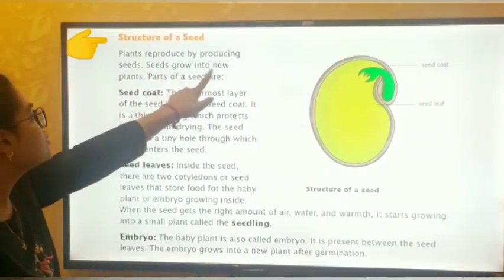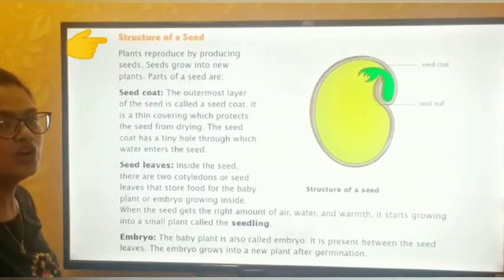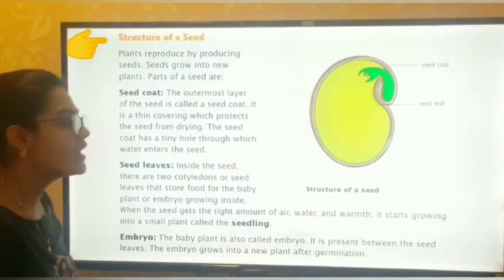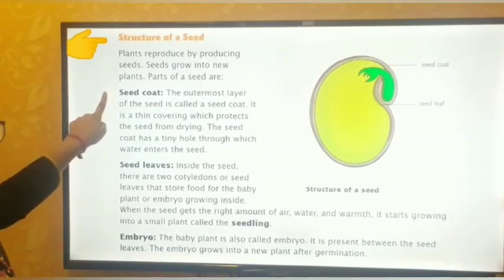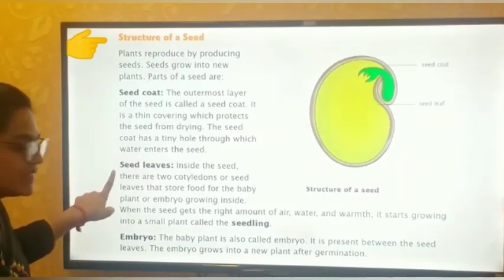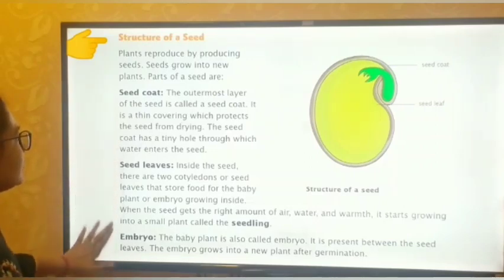Seeds grow into new plants. By using a seed, a whole new plant is grown. The structure of the seed is divided into three parts. Number one is the seed coat, number two is the seed leaves, and the third one is the embryo. Now we will see one by one.